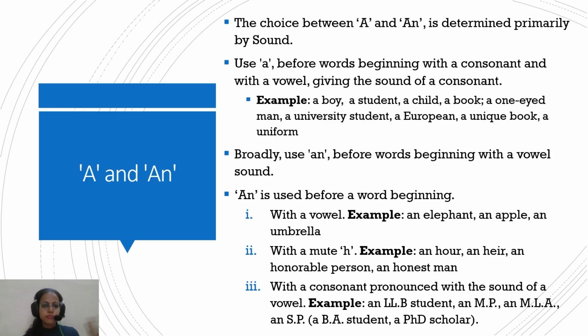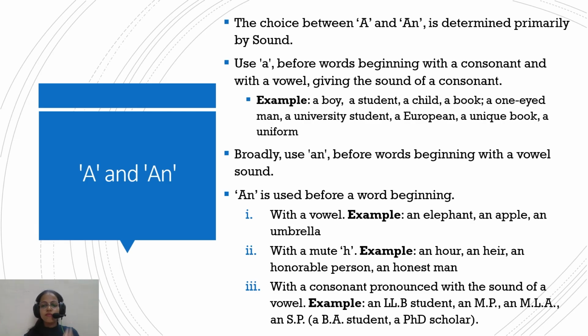A boy, boy is a consonant, so a boy. Student, s, again a consonant, so a student. A child, a book. Here we can clearly see that the first letter is a consonant, and the sound of the first letter is also a consonant. So we use a. A one-eyed man was seen in the market today.